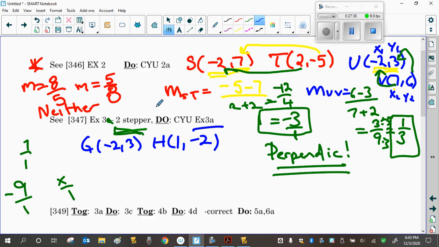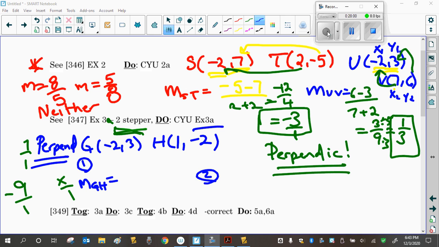And you know what? Let's write down perpendicular and double underline it. When it says perpendicular, that means there's 2 steps. So go ahead and find the slope of GH. I'll give you 3 minutes to do this.